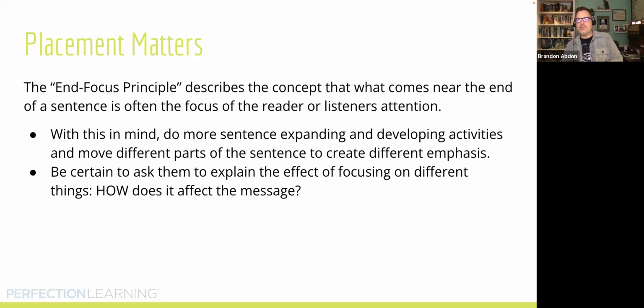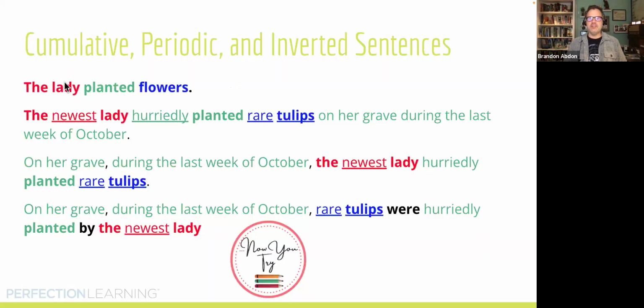All right. And so with that, I try to get students to look back at those sentences and ask what they are leaving tagged on the end of it, and most importantly, how does it affect the message or what the writer is trying to develop? And that's right, Beth, a periodic sentence. That's when I do introduce these concepts to kids: cumulative, periodic, and inverted sentences.